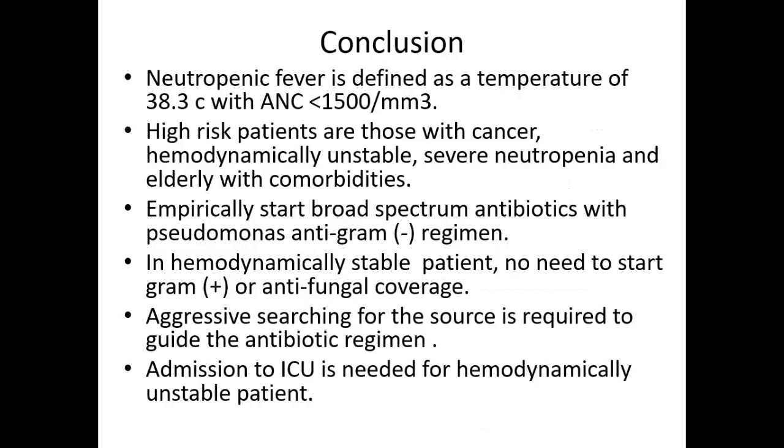So in conclusion to this tutorial, neutropenic fever is defined as a temperature of 38.3 with an absolute neutrophil count less than 1,500. High-risk patients are those with cancer who are hemodynamically unstable, the presence of severe neutropenia, elderly people, and patients who have other system involvement. We call it comorbidities.